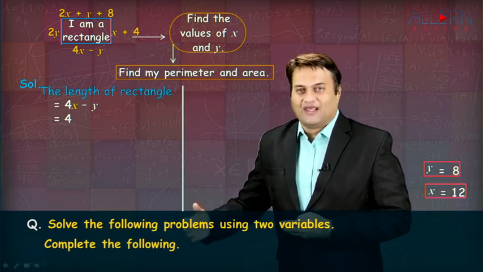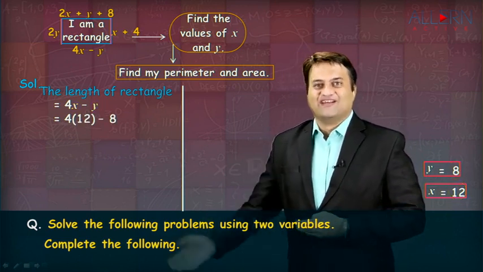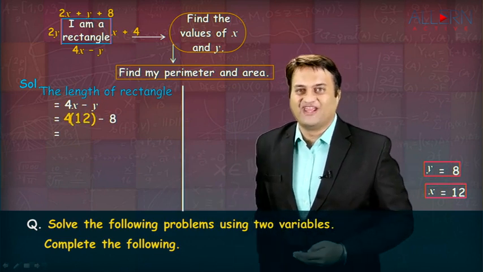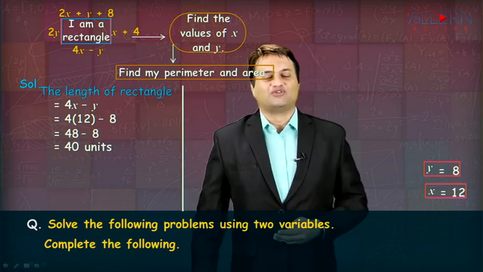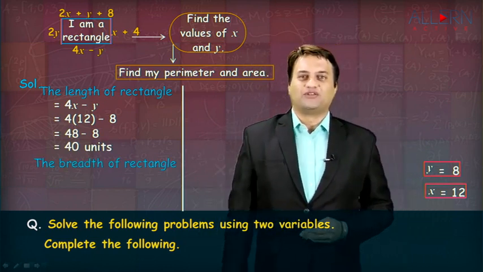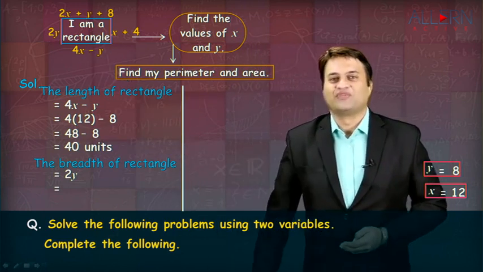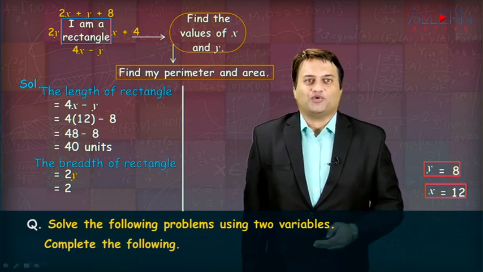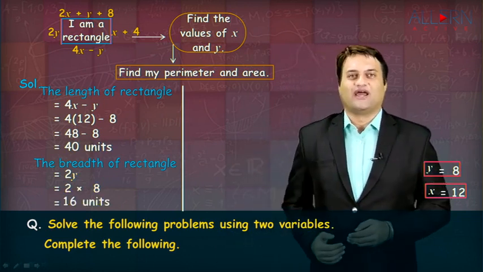The length is 4 into 12 minus 8. 4 into 12 is 48. So we get 48 minus 8, we get 40. So the length of the rectangle is 40 units. Now let's find the breadth of the rectangle. The breadth of the rectangle is 2y, as we all can see. 2y is 2 into 8, which is equal to 16. So we got the breadth of the rectangle as 16 units.